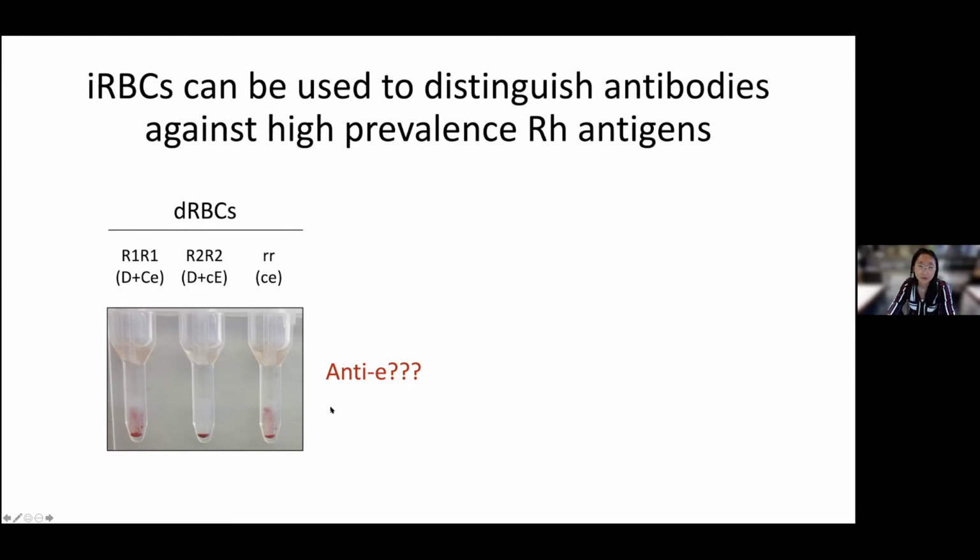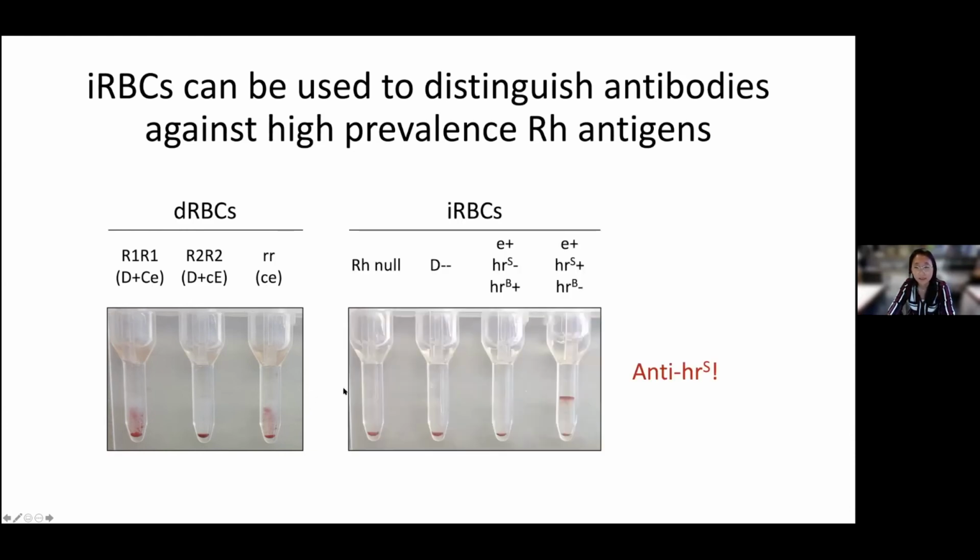But if you look further with the customized panel of IRBCs, you would actually realize that it's an anti-HRS, and that's because you don't see any agglutination with the RH null, suggesting that the antibody is somewhere against the RH system. No agglutination with the D minus minus, suggesting that it's somewhere on the RHCE system and not RHD.